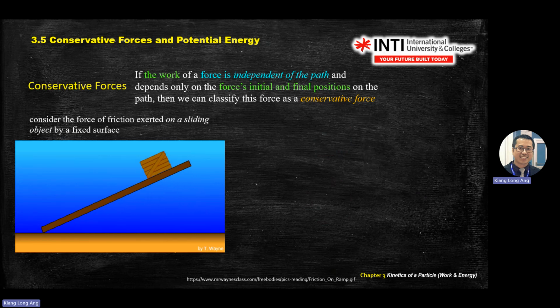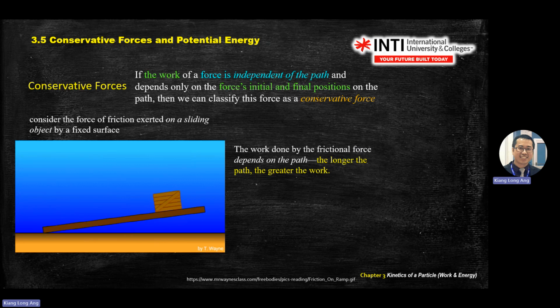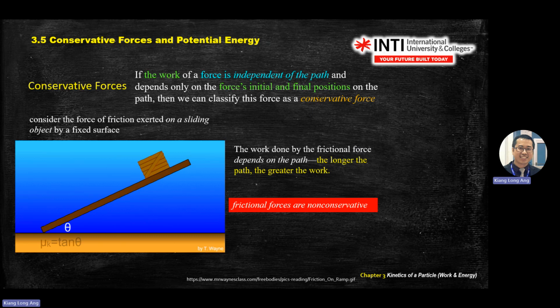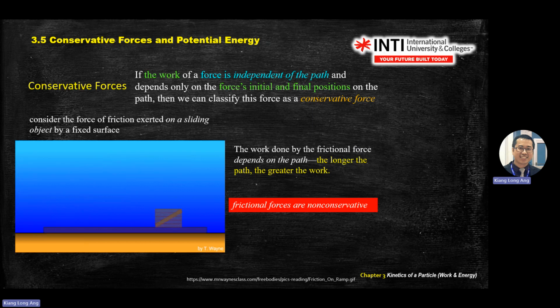Another one is friction. When you have friction and you move a slide at a certain angle, the longer the path, the greater the work. So friction force is not conservative, because it depends on the distance traveled.